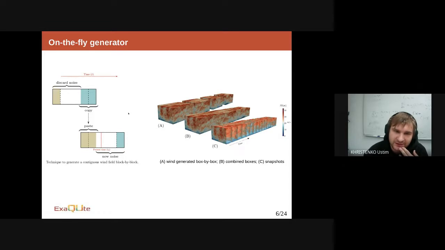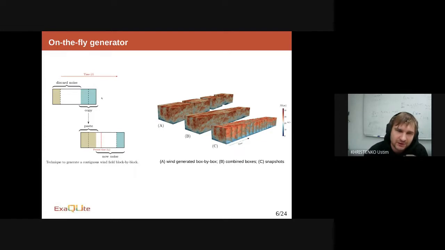So the principle is that when we generate each block, we have a relatively small overlapping buffer area with respect to the block size. And in this area, two adjoining blocks share the white noise which is used to generate the velocity field in each block.